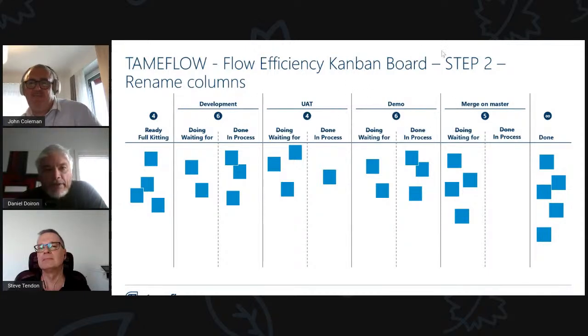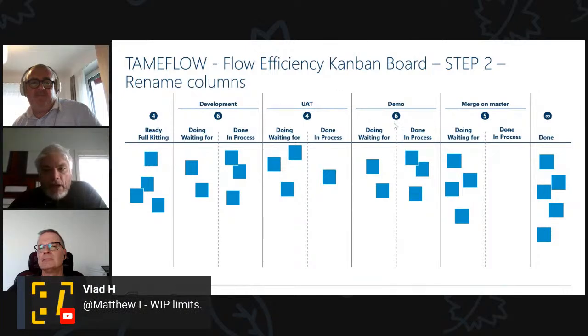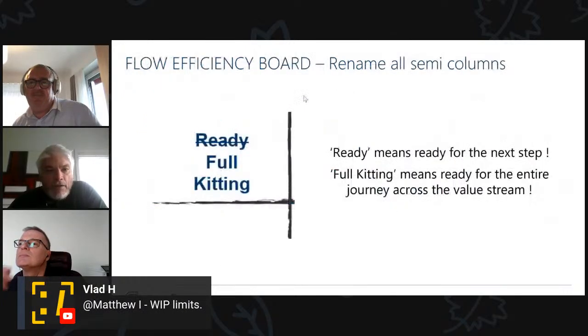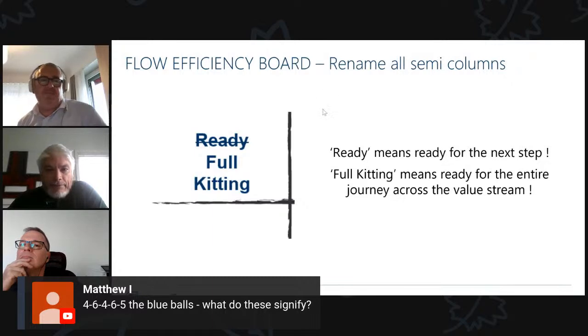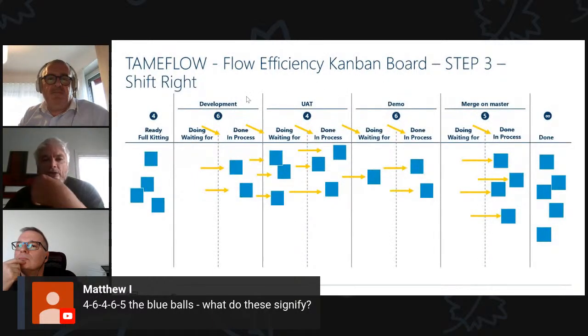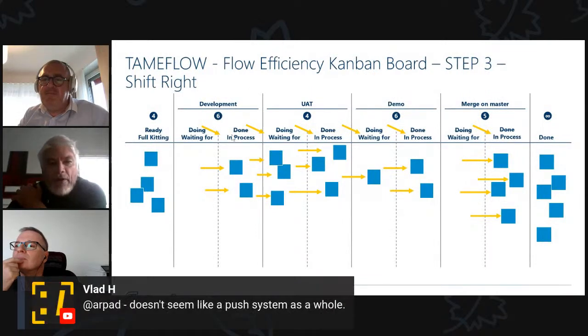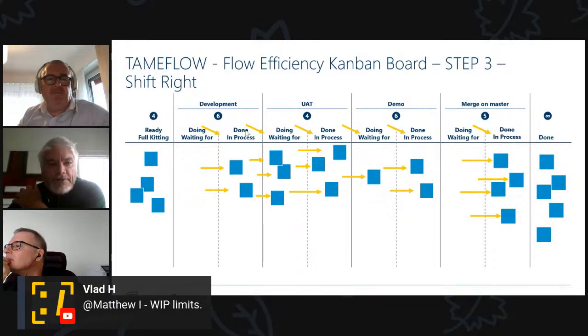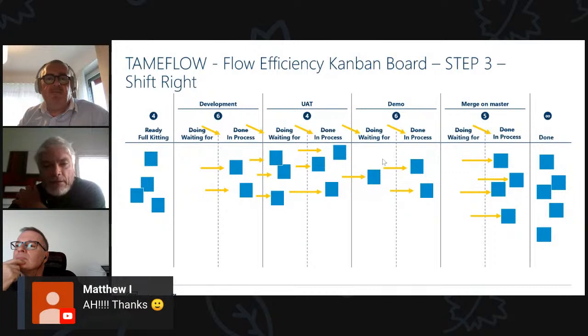So once we've renamed all the columns, we move everything left. The doing goes into the in process, and the done goes into the waiting for, and all the way to the end.